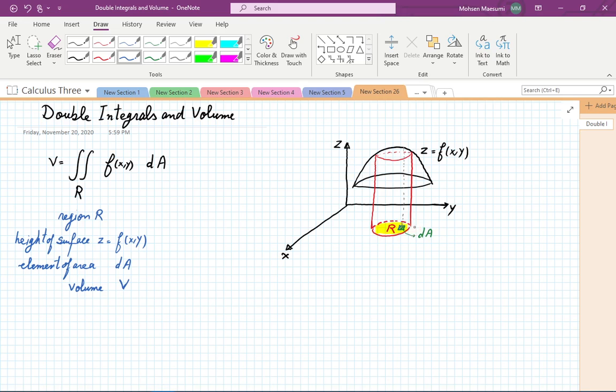For each point in the xy plane we have a height z, which is a function f of x and y. The element of area, typically at this level, is just dx dy, some little rectangle here. On top of that rectangle there is a height, and that height is given by that function.